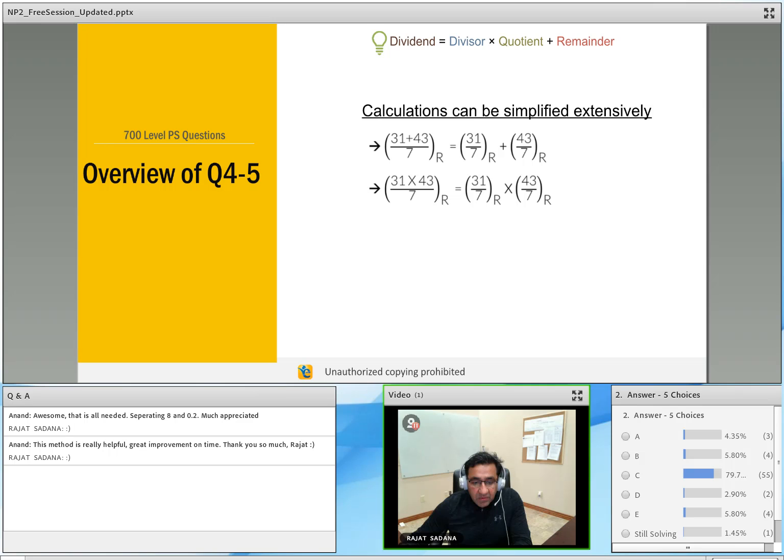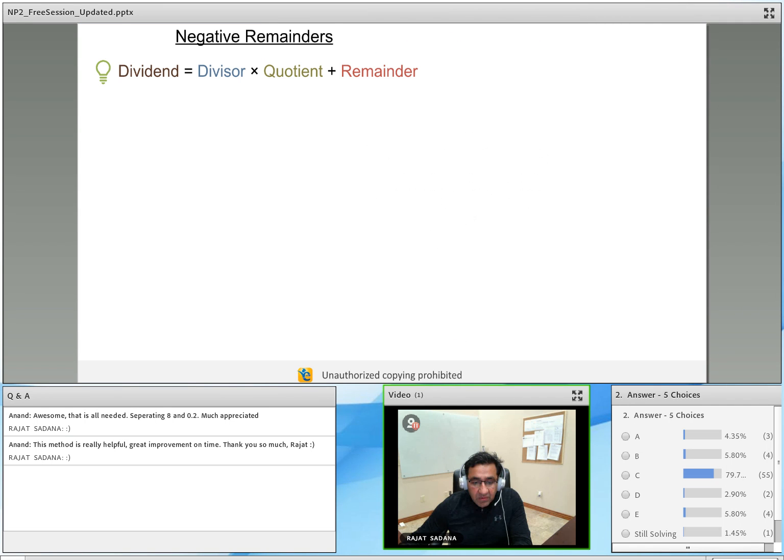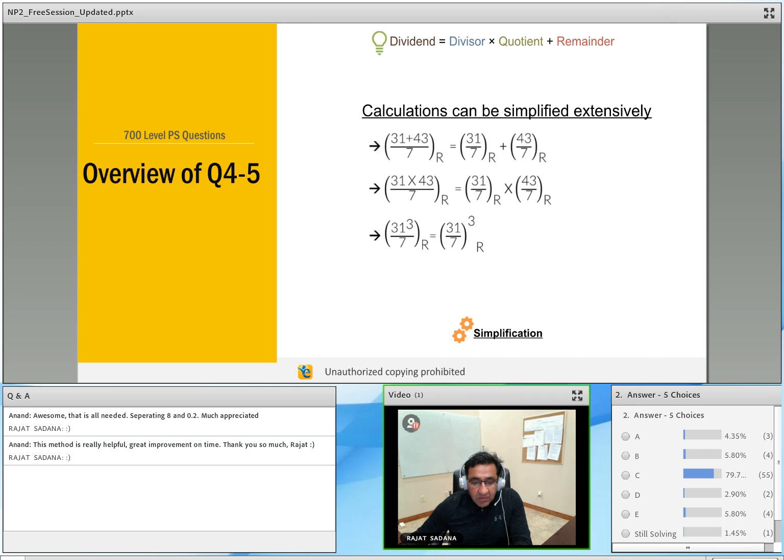For the product of two numbers, you can get their individual remainders and multiply them, and as long as that product is less than the divisor, that's the remainder. Otherwise, whatever is left, you actually divide this by the divisor as well. Okay, so that's what we've learned so far.